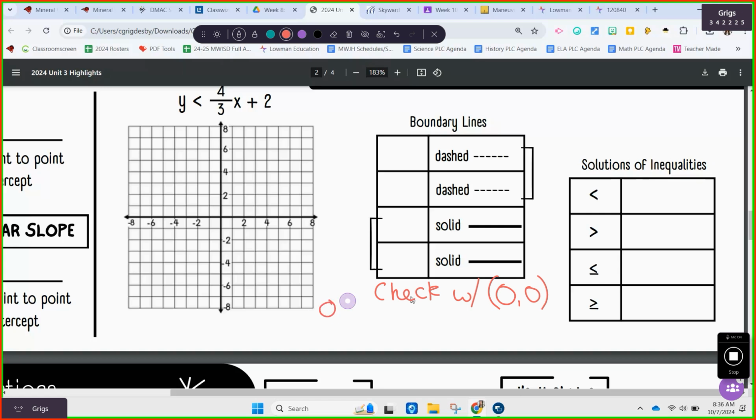So we're going to say 0 is less than 4/3 times 0 plus 2. If I solve this out, I get 0 plus 2, and I get 0 is less than 2. Is that a true statement? Yes. So I could take any ordered pair. If I took an ordered pair from my shaded section and plugged it in, and it makes a true statement, I shaded in the correct direction.